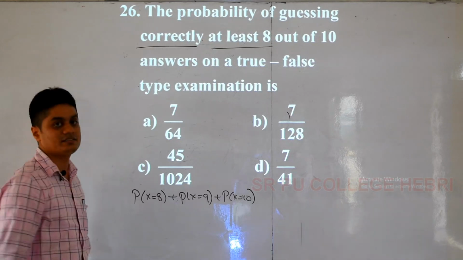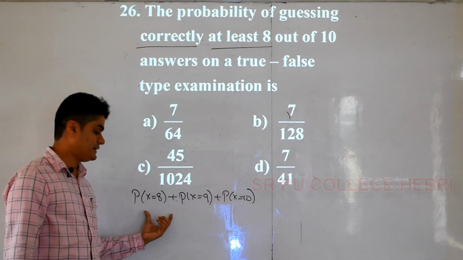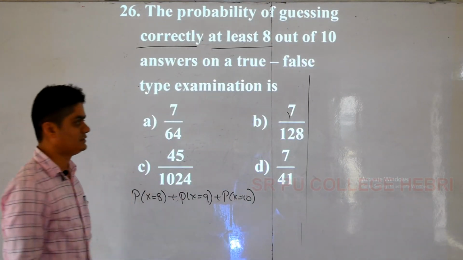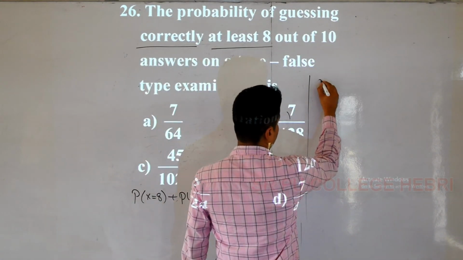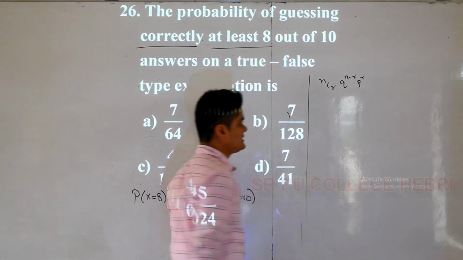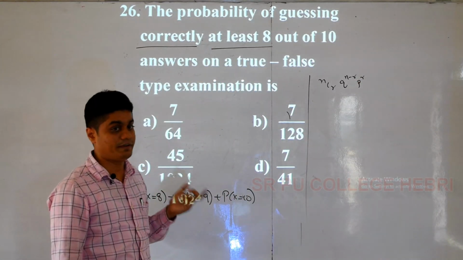So which concept from probability will give the answer? Yes, binomial distribution. So what is meant by P of x is equal to 8? Binomial distribution formula is nCr q power n minus r p power r. What are q and p here? Probability of success and probability of failure, right?